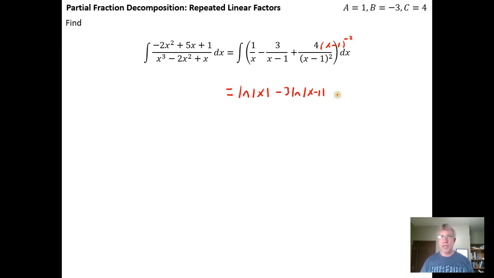So we know when we integrate that, I'm going to put a plus to start with, on an x minus 1, we would need to make the exponent 1 bigger. So if we do negative 2 plus 1, we get just negative 1. And then we need to think about what would happen if we took the derivative of this.